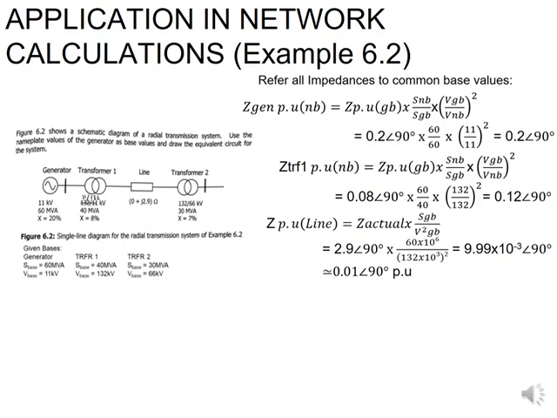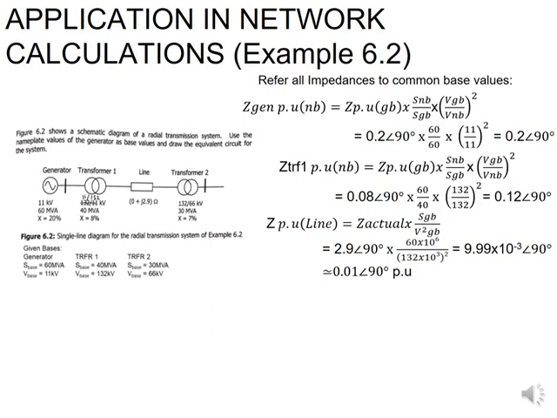I multiply by the 60 MVA. That's why I'm putting in my times 10 to the 6. And then I divide by the 132 times 10 to the 3 squared. And that gives me 9.99 times 10 to the minus 3 at 90 degrees, which is similar to 0.01 at 90 degrees per unit.